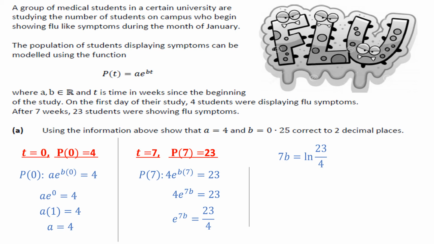That's log to base e. To finish it, I'm going to divide both sides by 7. I like to show this as a division. I don't usually put that natural log into my calculator till the very end because it's quite a long decimal. So we do that in the calculator and we end up with 0.249885693. We want it correct to 2 decimal places, so that gives us 0.25 as they told us it should.